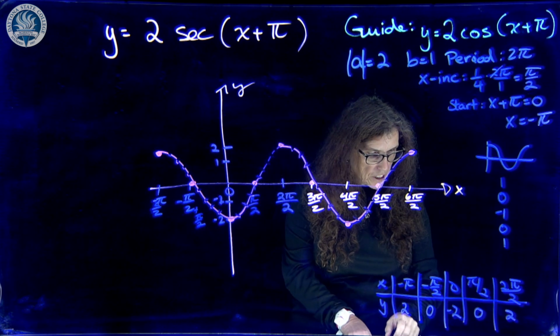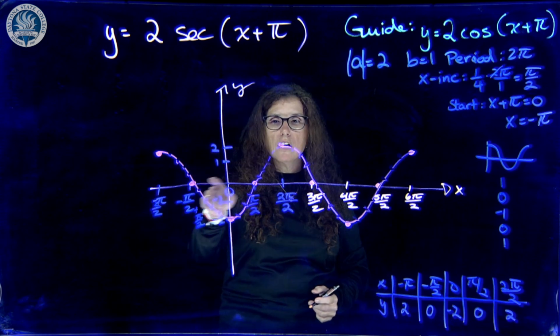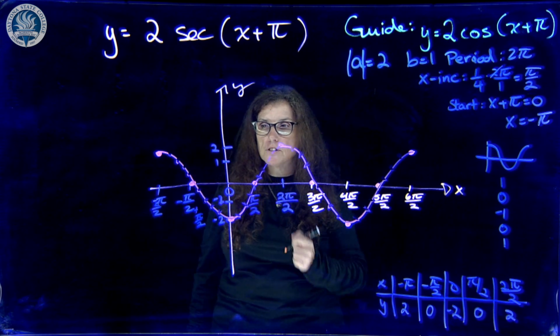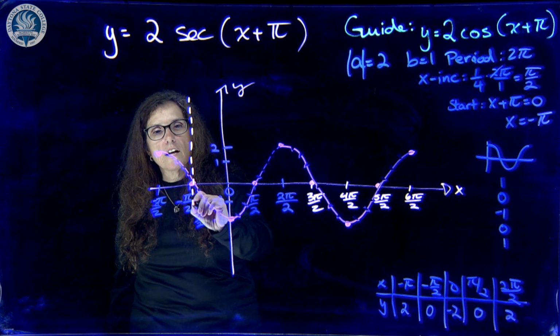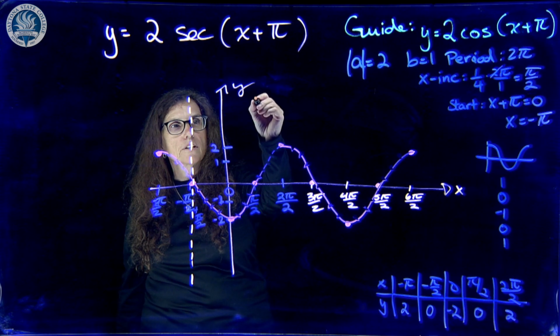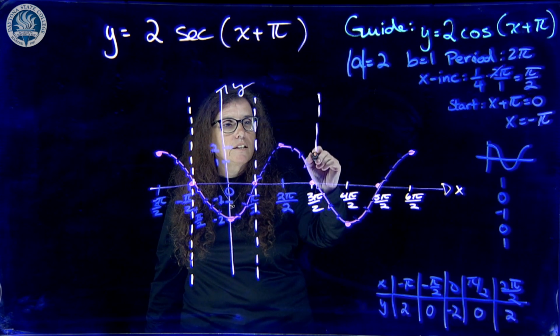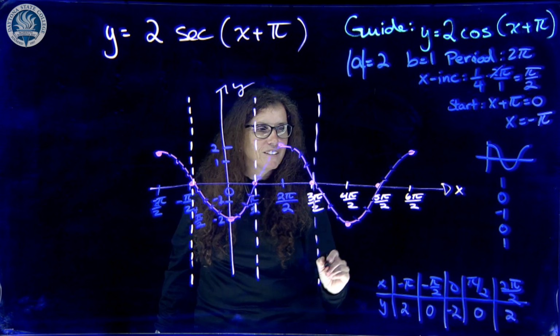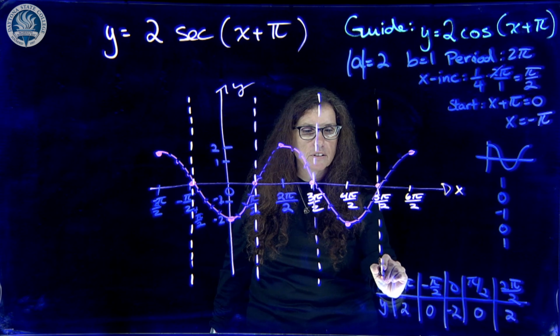So what we really need to graph is the secant. We have our guide function. Now wherever this cosine function is 0, we start drawing our vertical asymptotes, like so.